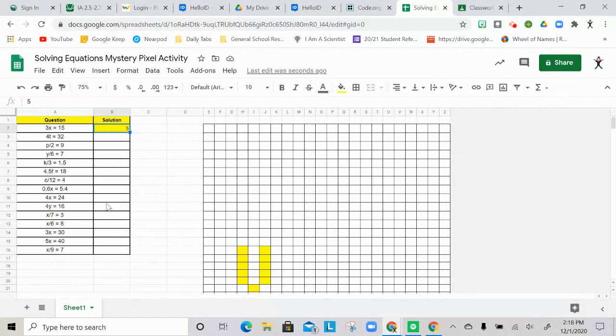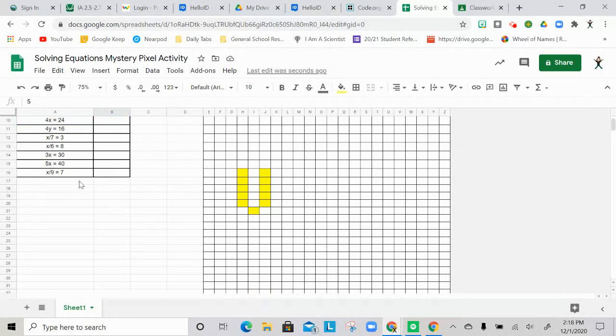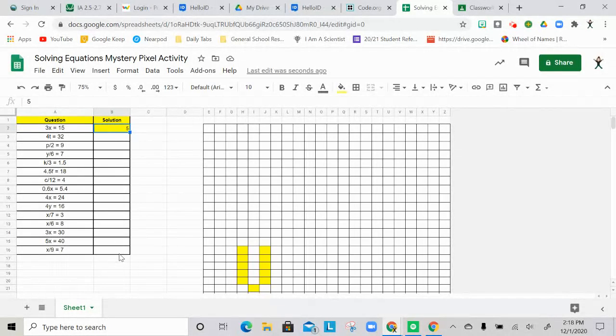Every single one of these solutions will end up being filled in with a color if you've gotten them correct, and you'll have all the pixels filled in at the end if all 15 of these answers are done correctly. Okay? So remember, this is just finding the solution to an equation, which means figuring out what the variable equals, and you need to use inverse operations to solve.